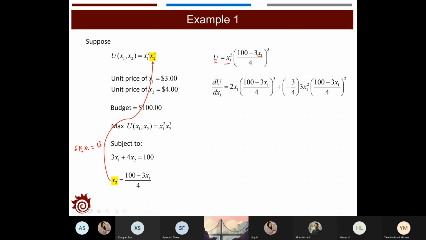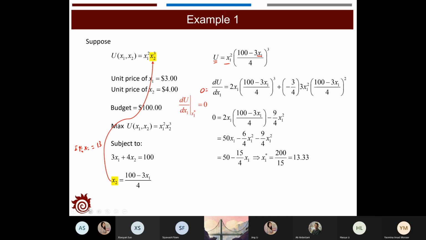So do the first order differentiation, and this value should equal 0. By solving this equation, you get the value of x1 as 13.33, and you can then calculate the value of x2 as 15. So that's one way for you to do it.